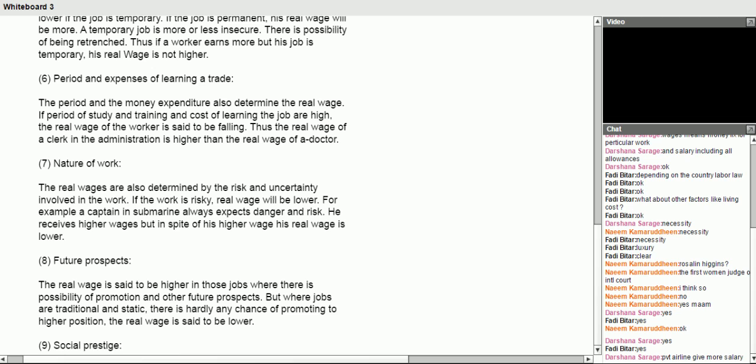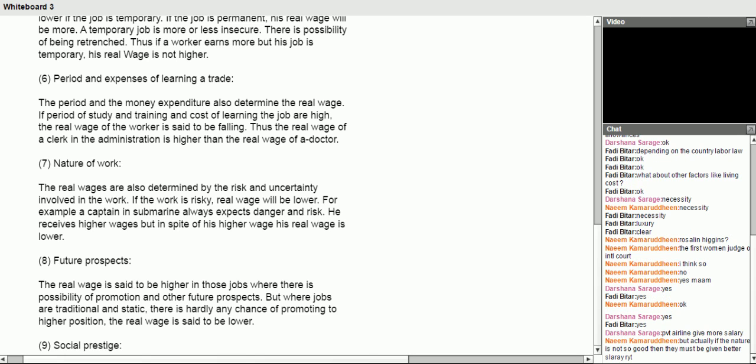Yes, airlines give more salary, but if you talk about the fringe benefits, the lifelong benefits you get by being part of a government enterprise are much more.